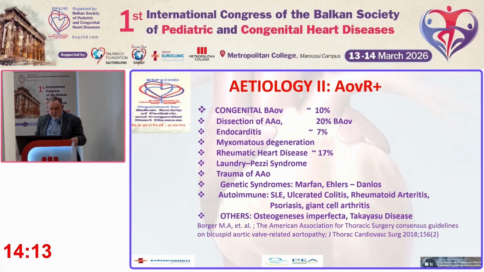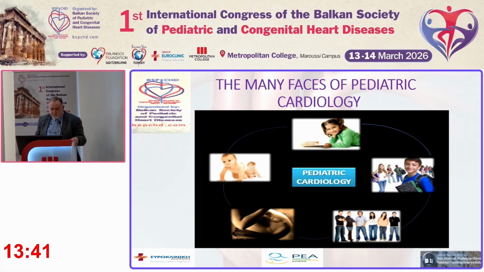Trauma of the ascending aorta, genetic syndromes like Marfan and Ehlers-Danlos, autoimmune conditions like systemic lupus erythematosus, ulcerative colitis, rheumatoid arthritis, psoriasis, and giant cell arteritis, and other conditions like osteogenesis imperfecta and Takayasu disease are etiologies of acquired or secondary aortic regurgitation.